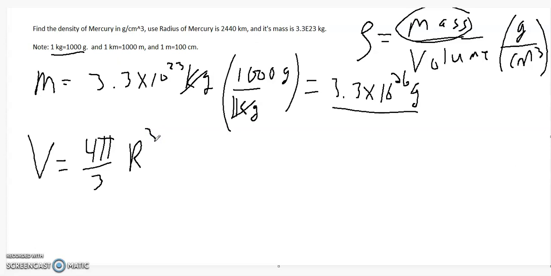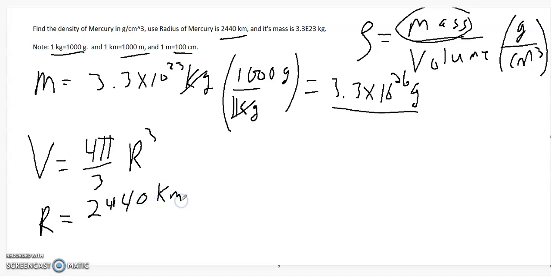Now, the radius, we need to convert this 2,440 kilometers into centimeters. So we have two conversions that we're going to use. I'm going to put this straight down here. We're going to start out with what the problem gives us, 2,440, that's a 4, there we go, kilometers.